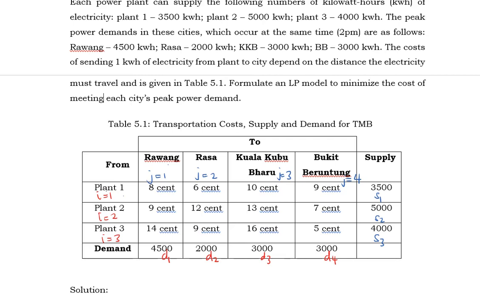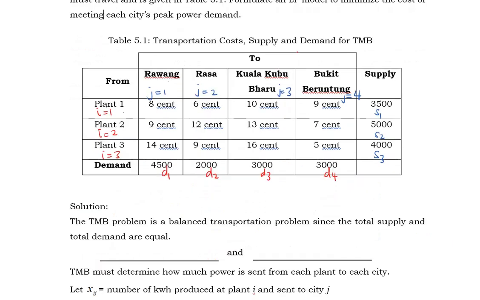Before we formulate the model, let's check whether the problem is balanced or unbalanced. The total supply is 3,500 plus 5,000 plus 4,000. We add these supply units, and we get 12,500.